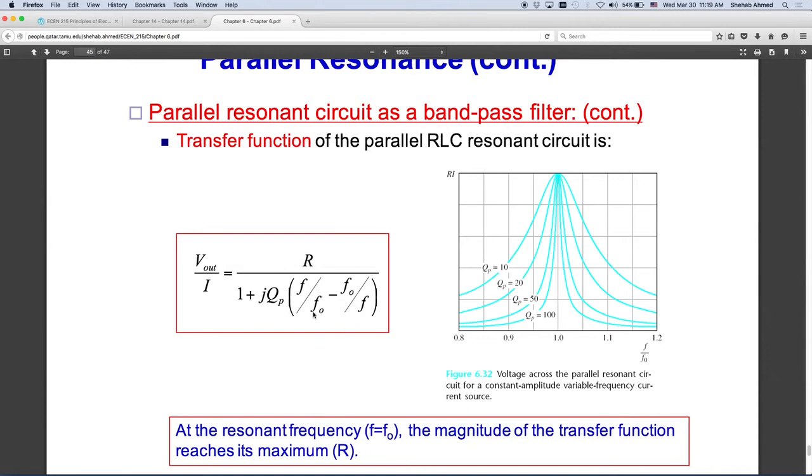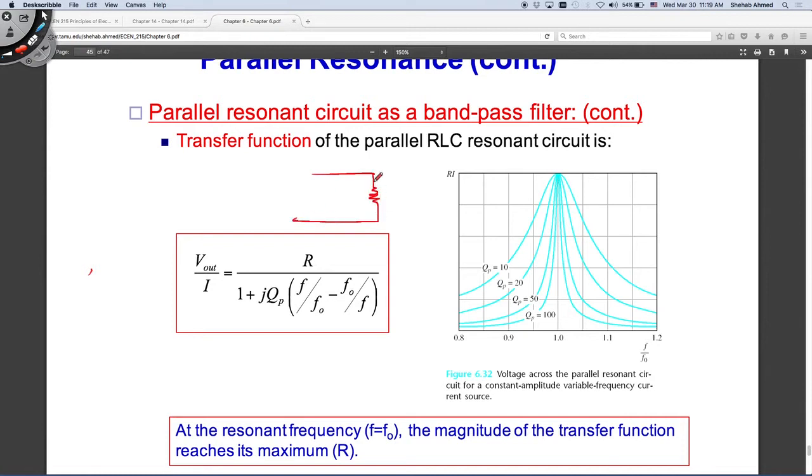There's no need to derive this, you do not need to derive this. You will have this equation for parallel resonance, this equation for series resonance, and what you will need to know is you're maximizing, again, R times I here, which is the output of the circuit at resonance. This is a parallel resonance circuit.